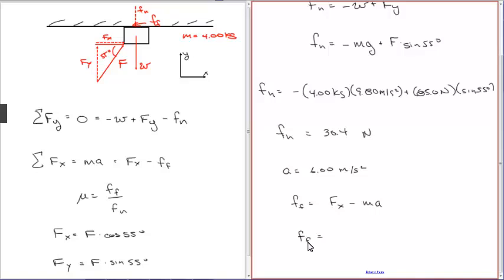So F sub x is F times the cosine of theta, cosine of 55 degrees. Then we subtract mass times acceleration.